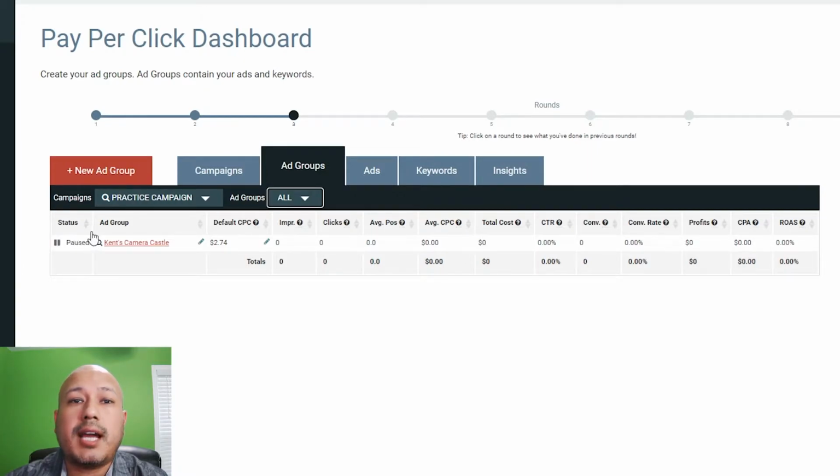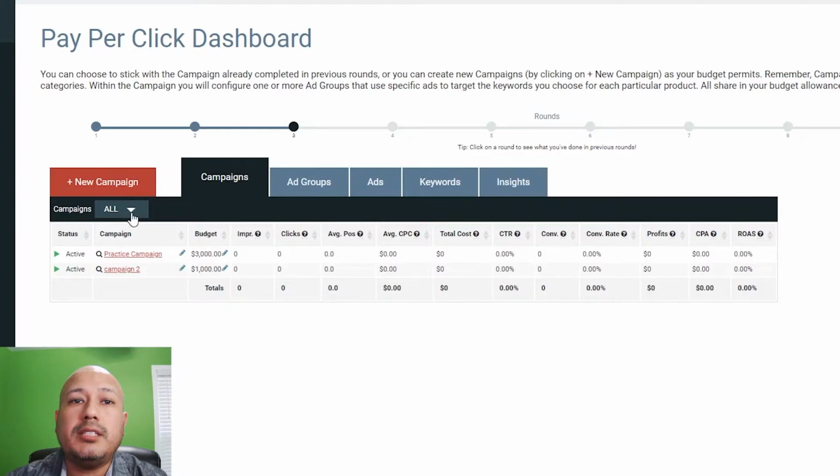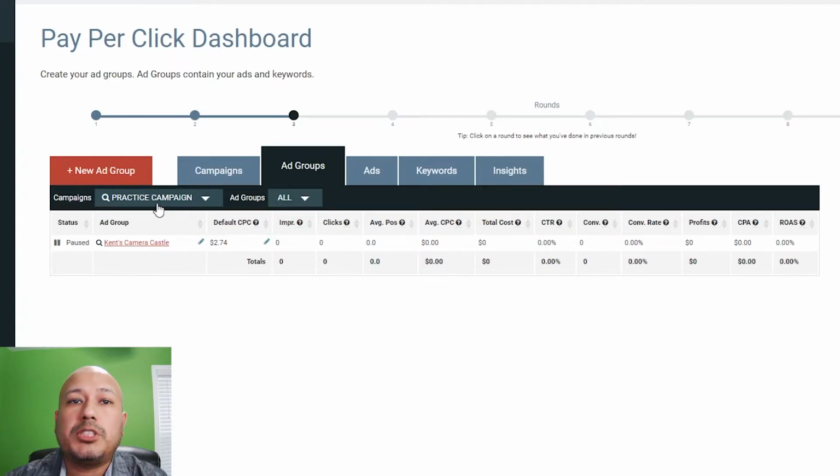And since the ad group itself is paused, that means this particular ad group is not running at all, which would make sense that there is no impression, right? Because the ad group is paused. So if we look at the campaigns overall, there are 2 campaigns, but one of those campaigns is actually not running because the ad group associated with that particular campaign is paused, right? So no impression, it makes sense.